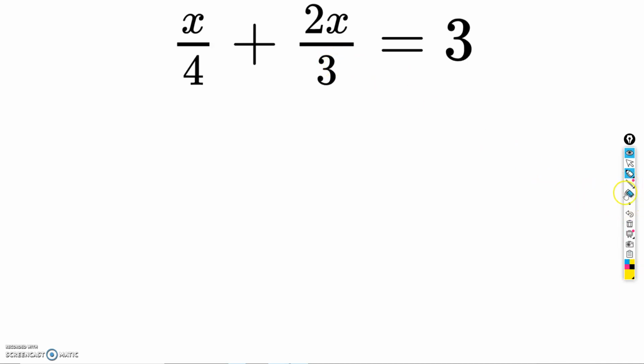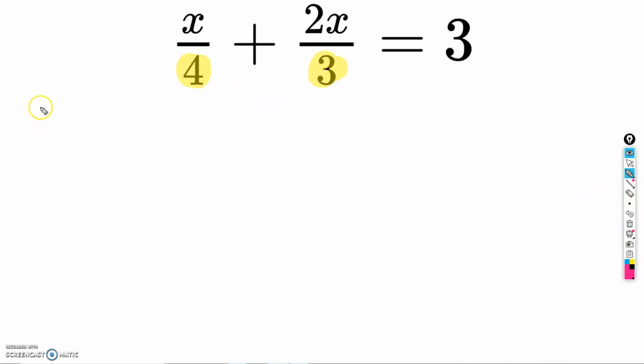So first thing we have to look at, big highlighter. What are our denominators here? In this case we have a denominator of a 3 and a 4. If I were to combine these, because anytime we add fractions we need a common denominator, we would need to think of what our common denominator, or LCM, would be.